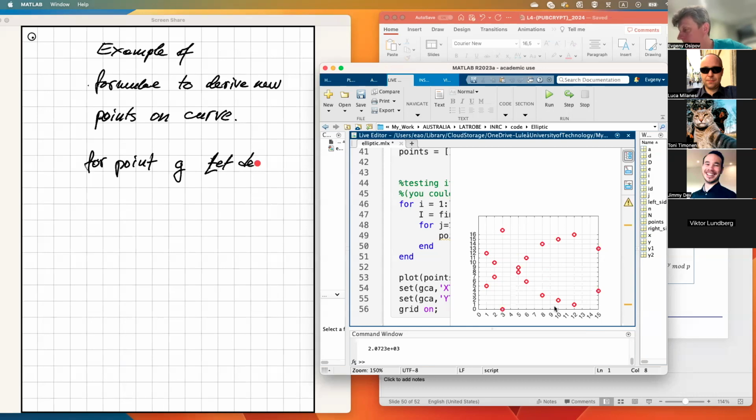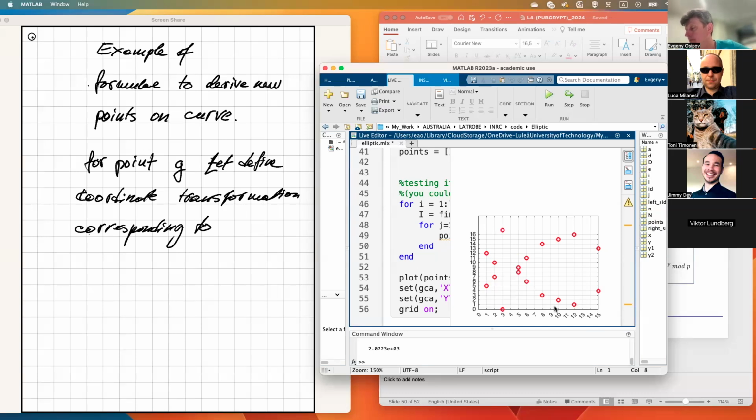Let's define a coordinate transformation corresponding to the operation G plus G.